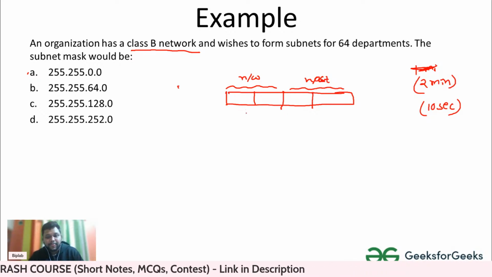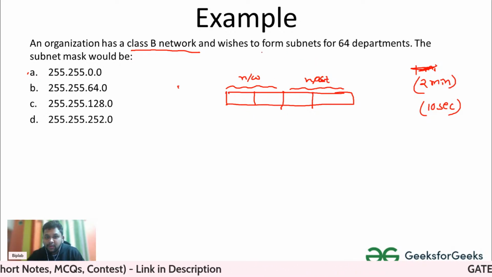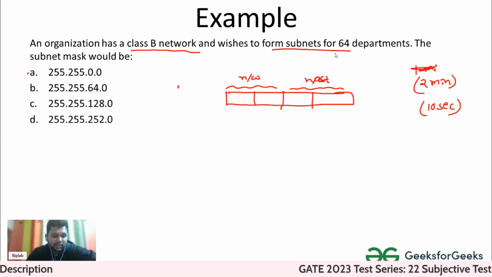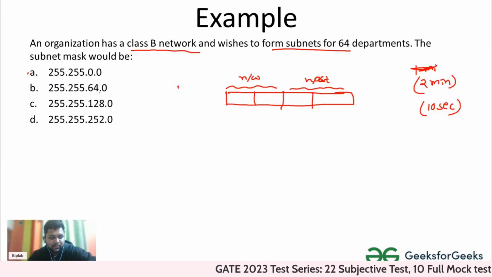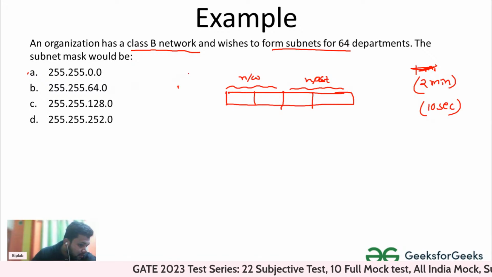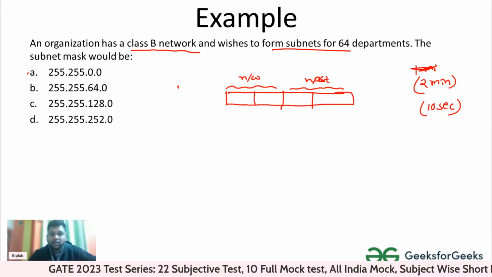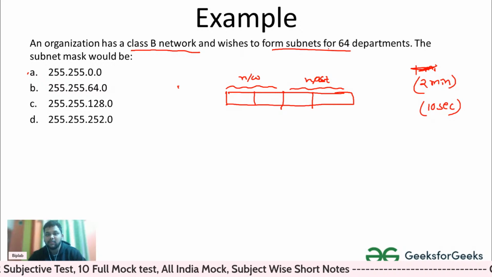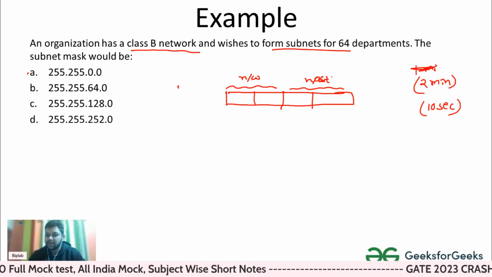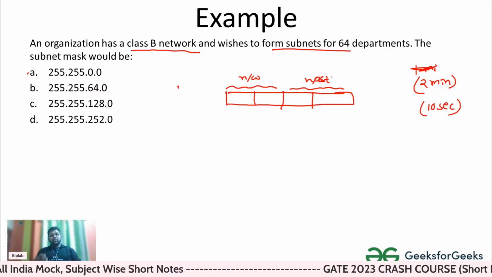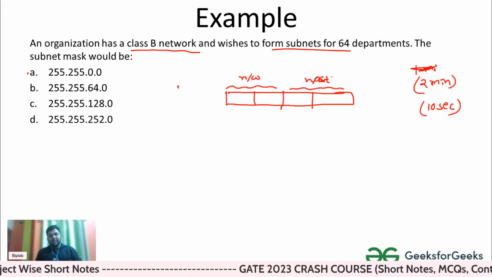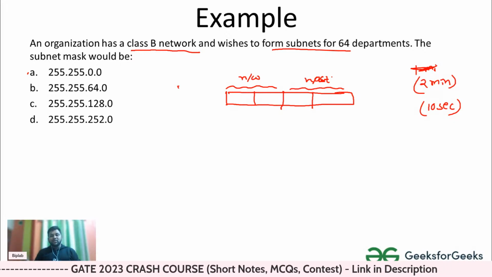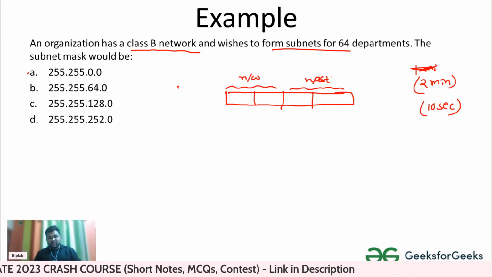Then they say you wish to form subnets for 64 departments. So you want the number of subnets to be 64, that means you want to divide it into 64 subnets.